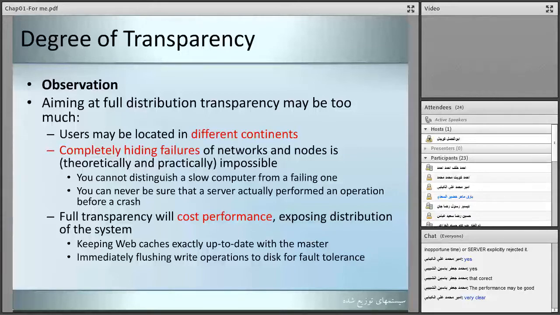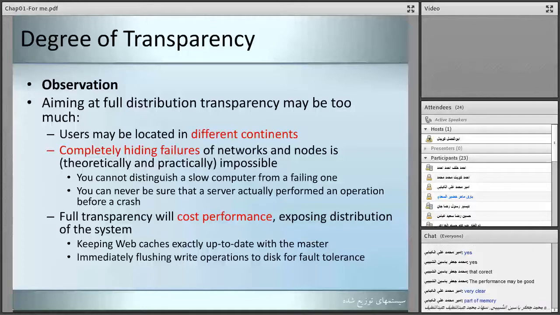Do you know about caching? Cache. Part of memory. Yes, okay.